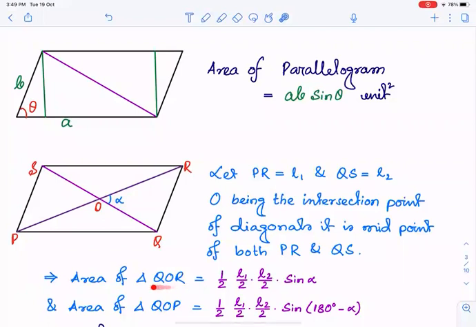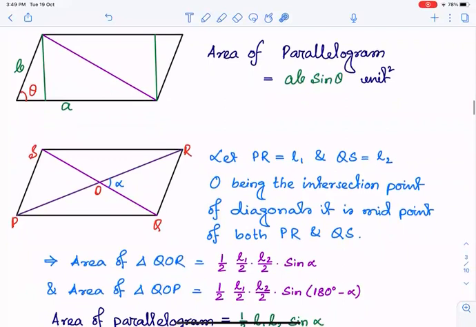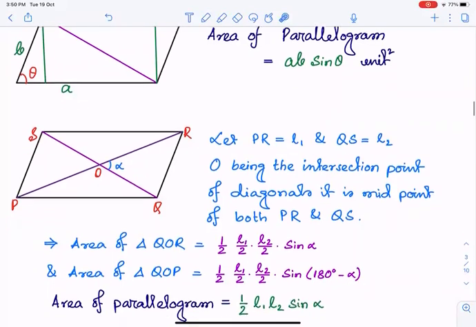So the area of triangle QOR will have side lengths L1 by 2, L2 by 2, and the angle between them alpha. So the area will be half into L1 by 2 into L2 by 2 into sine alpha, whereas the area of triangle QOP will be half into L1 by 2 into L2 by 2 into sine of 180 degree minus alpha, right?